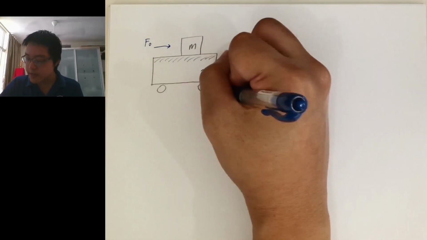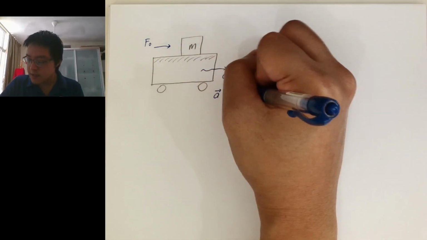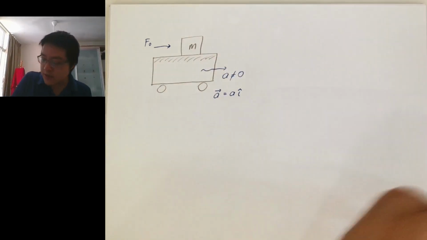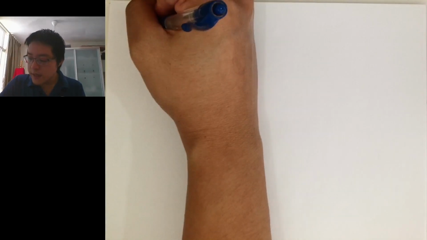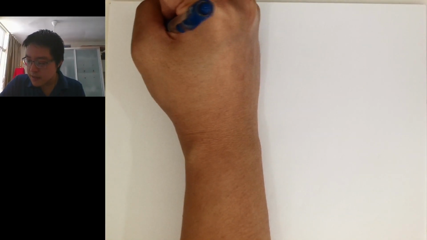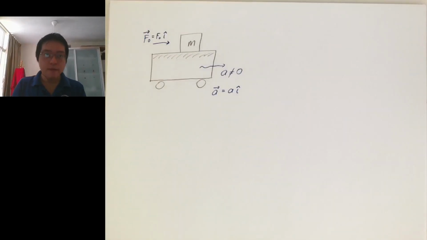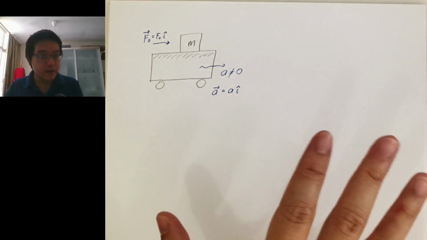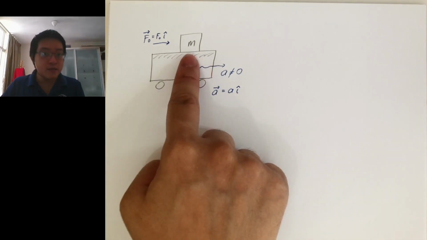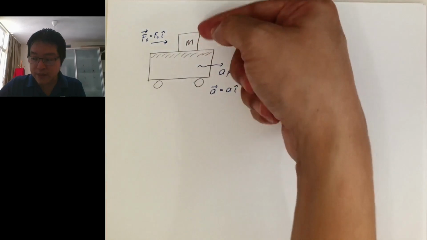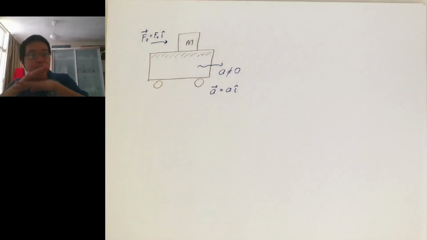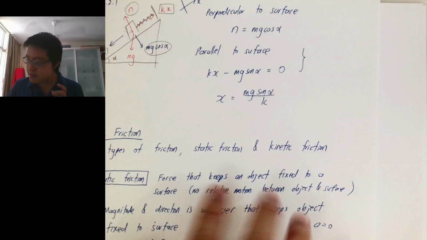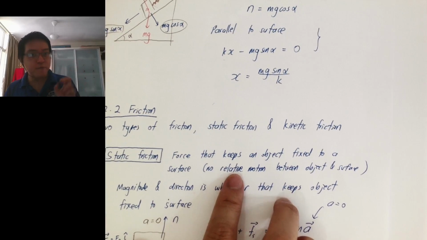Okay, so I can write this in vector form. So a is some magnitude in the x direction. Let's say the system is moving this way, and I have some force in the i direction. Now this thing is moving, but it's still considered static friction between the box and the car, right? Because they are moving together. The key point here is that there is no relative motion.